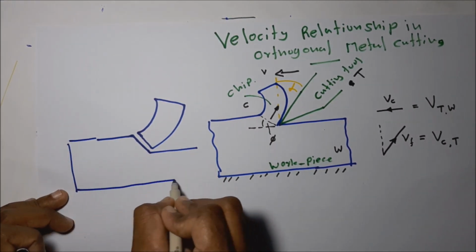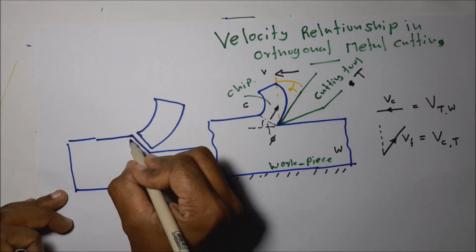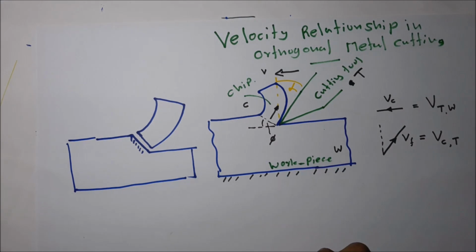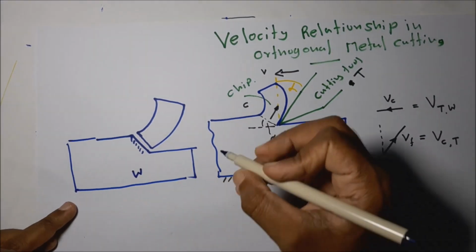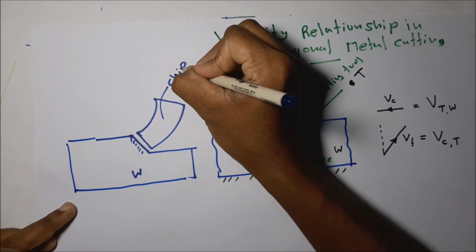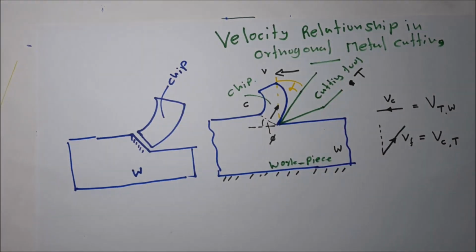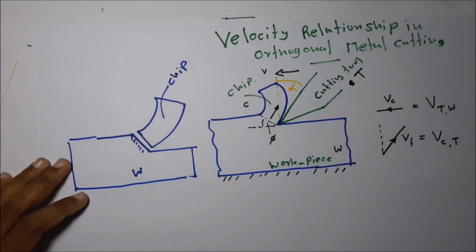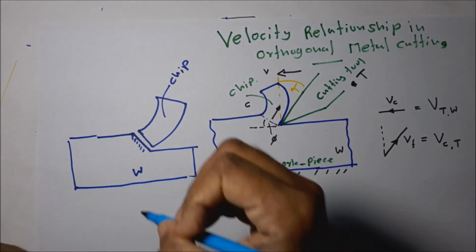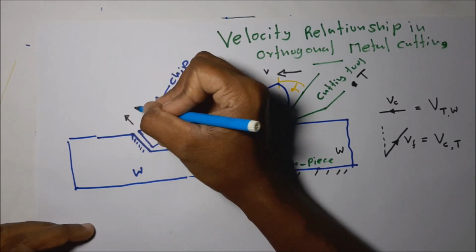This workpiece is stable, that means this surface is stable. With respect to the workpiece, what is the direction of movement of the chip? That is in this direction.